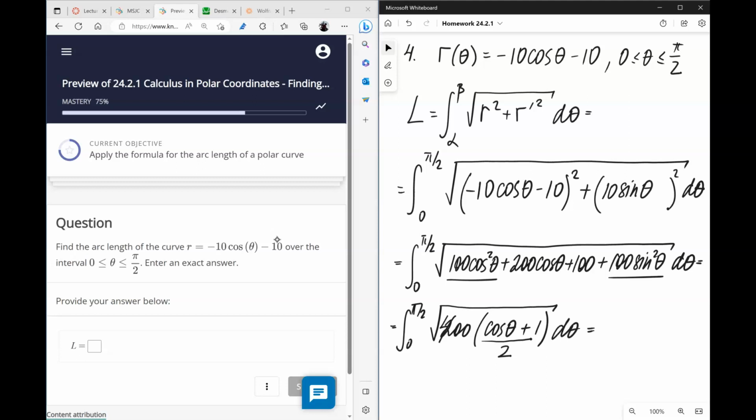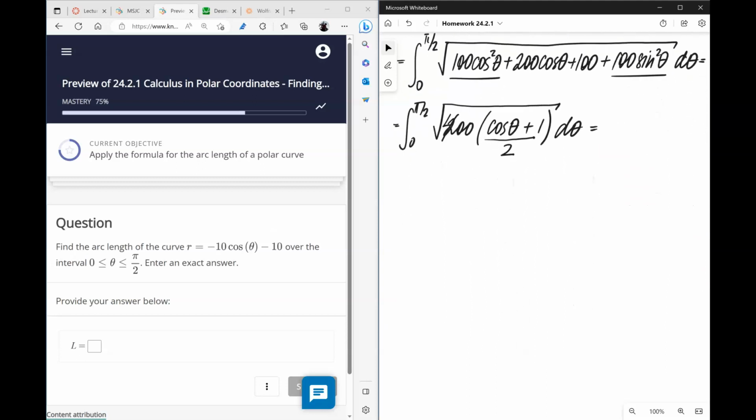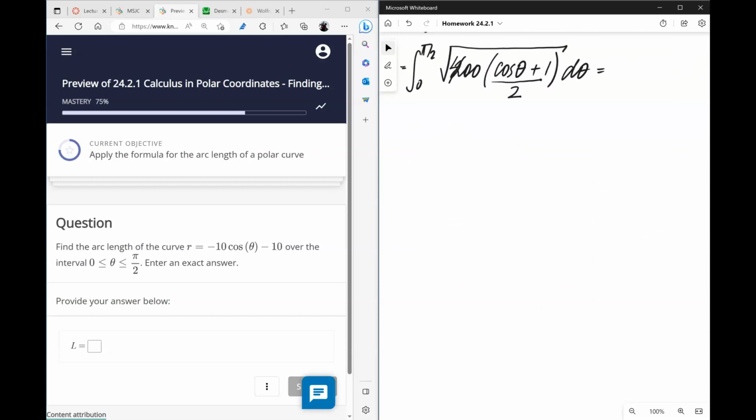And the next step we're going to notice, so this is our new integral, that square root of 400 is just 20. So we're going to take that out. And what's inside of the square root, it's 1 plus cosine theta over 2. This is just cosine squared of half of theta.